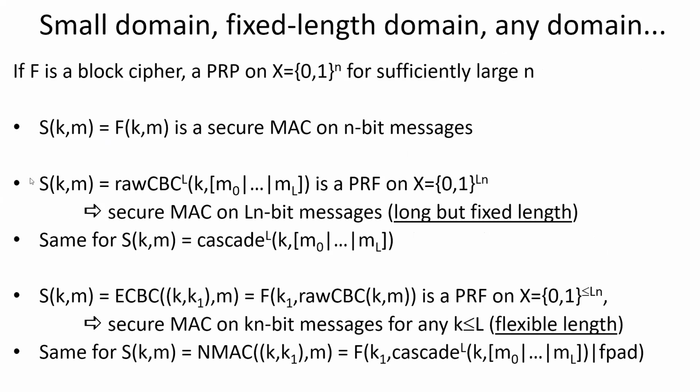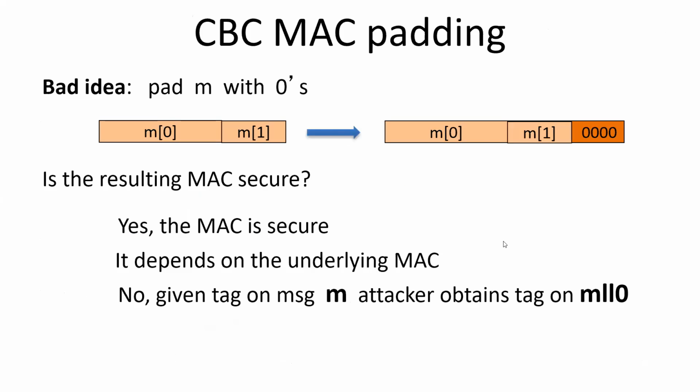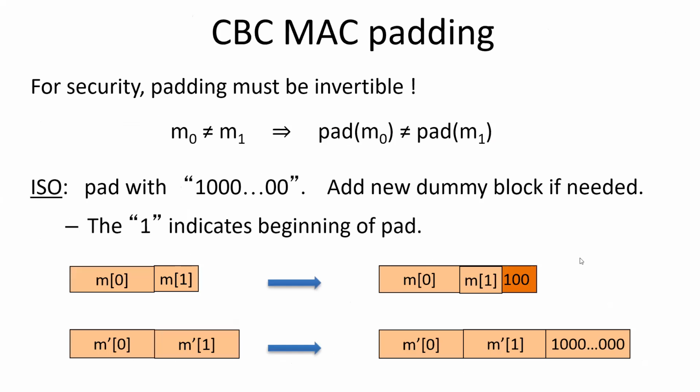So remember, CBC, when on fixed size, was secure. So there were no attacks unless you could use a final output in a message that is either shorter than the original one or longer. Exactly that kind of trickery.